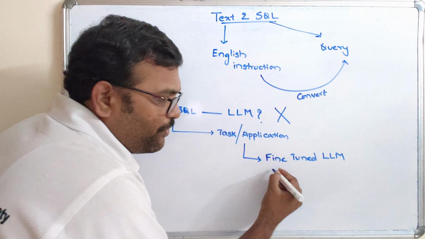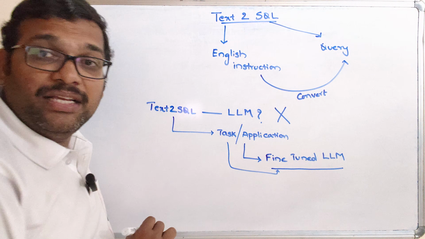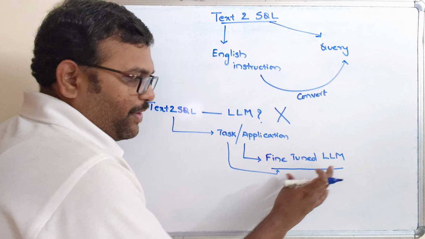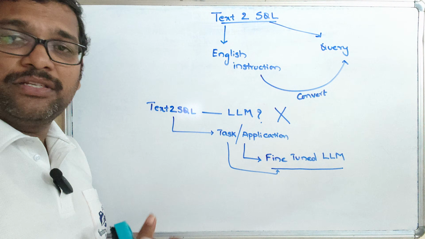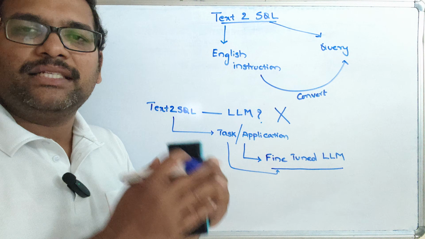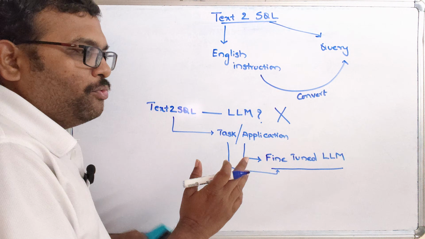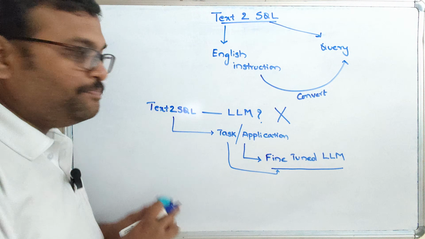By using this fine tuned LLM, this task can be completed easily. We fine tune the LLM by training it with massive SQL examples, so that it will be applicable for a particular task, that means writing SQL queries.